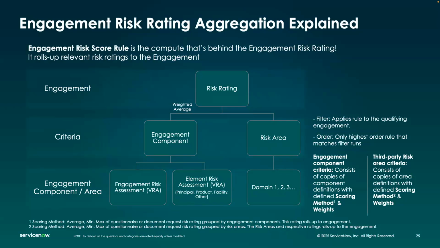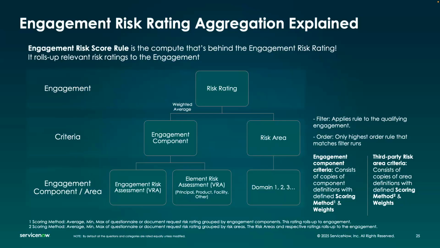Next, we have the risk area criteria, which guide how the risk is interpreted by domain. These criteria are made up of predefined risk areas like security, compliance, financial risk, etc. Each risk area also has a scoring method and a weight, and they too contribute to the roll-up based on how they are configured in the risk area criteria.